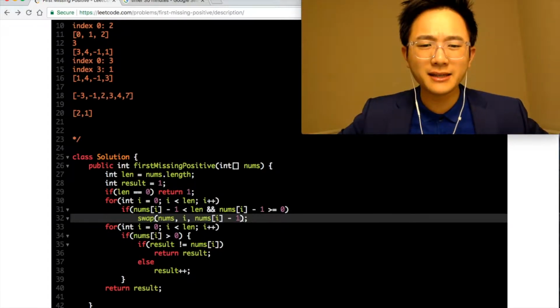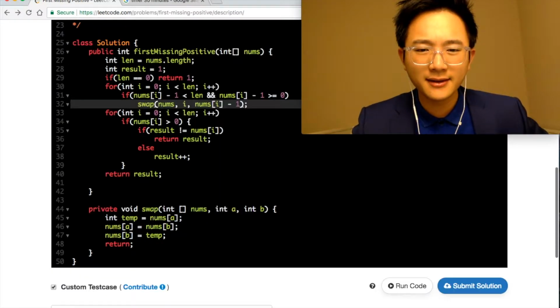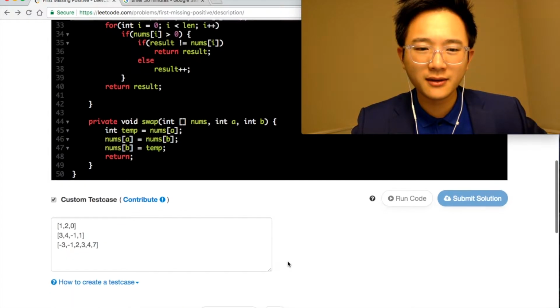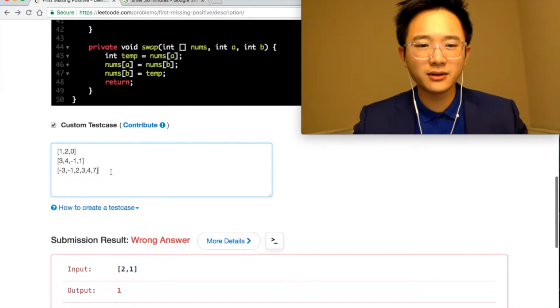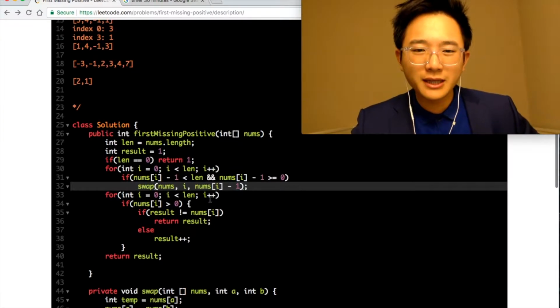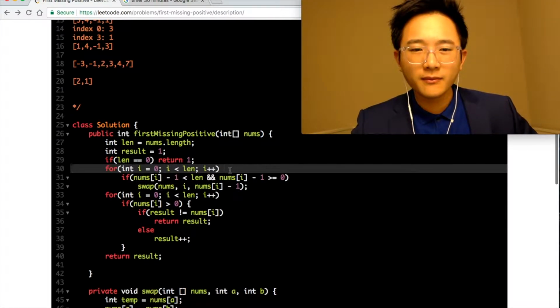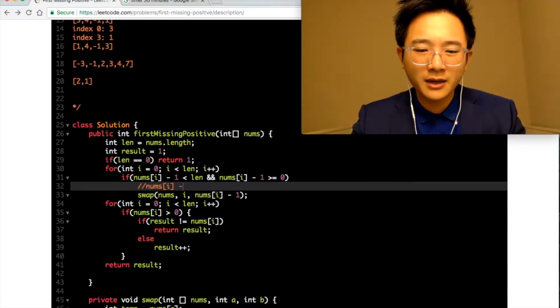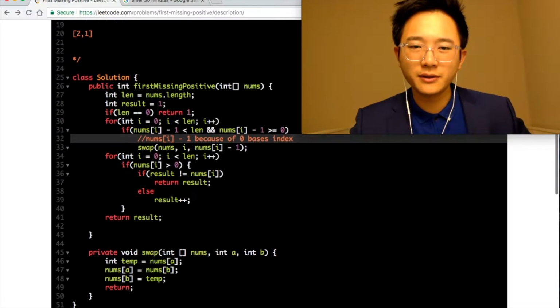Oh wait, I think that makes sense. I think that makes more sense. Let me see. Oh wait, so I should try 2, 1. Because I think that makes more sense, because we do the numbers minus 1 because of 0 based index. I think that's what we want.